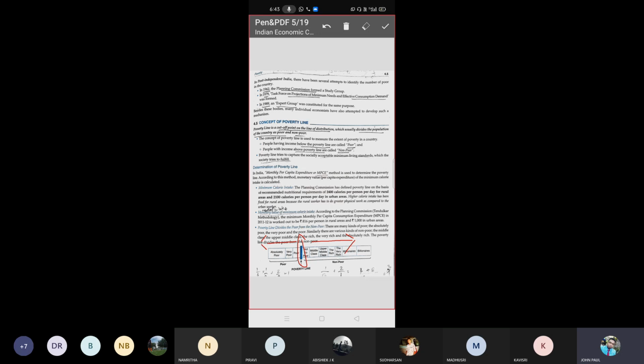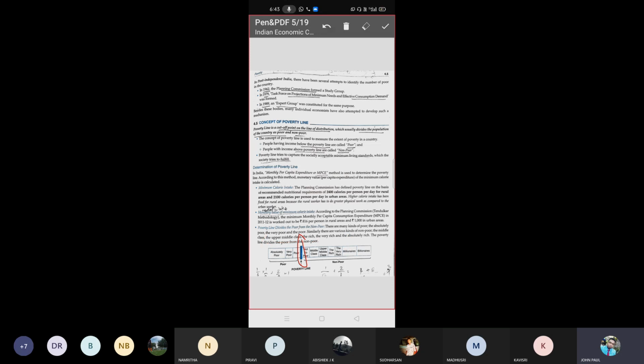And also, this line divides the poor and non-poor. With this, we can identify who comes under poor and who comes under non-poor. So how can we define this poverty line?